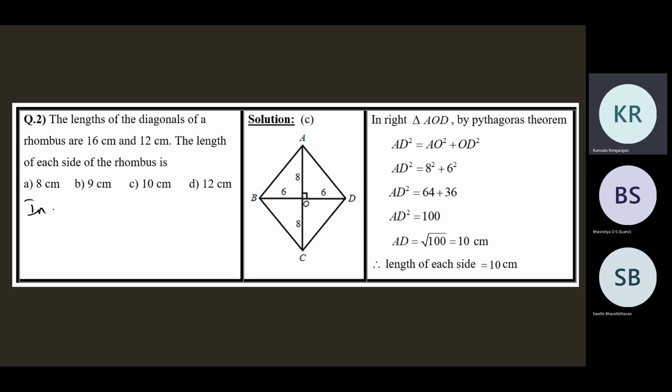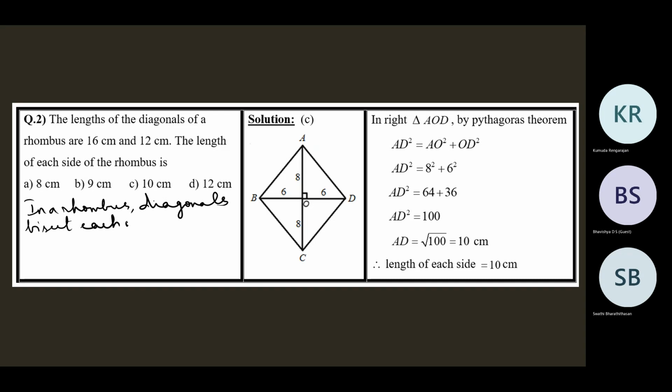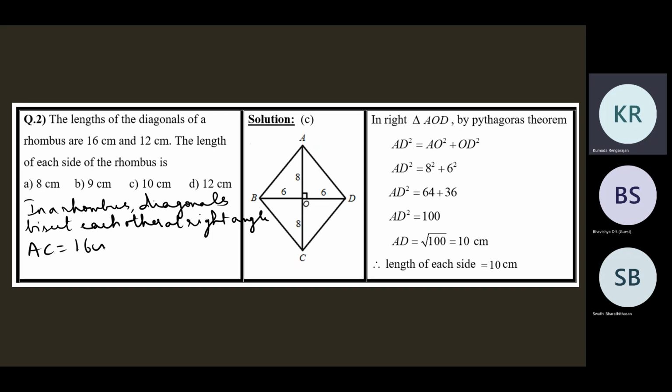So in a rhombus, diagonals bisect each other at right angles. AC is equal to 16 centimeters.